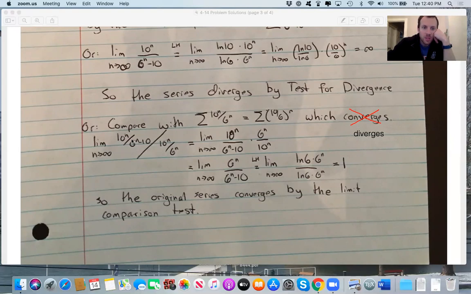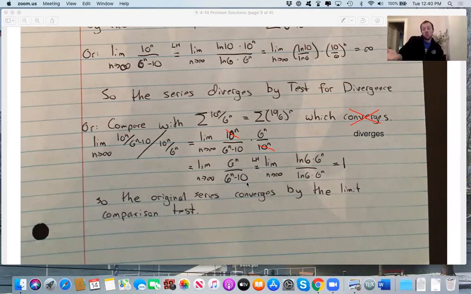So then doing the limit comparison test, we take the terms from the series we actually are interested in divided by the terms of the simpler thing we're comparing it to, flip and multiply, these 10 to the n's cancel. And so we get 6 to the n over 6 to the n minus 10.